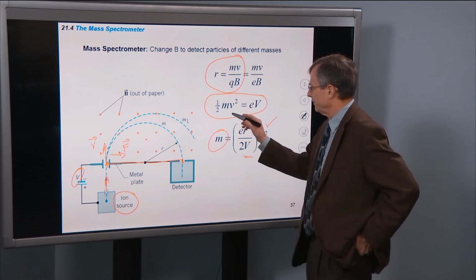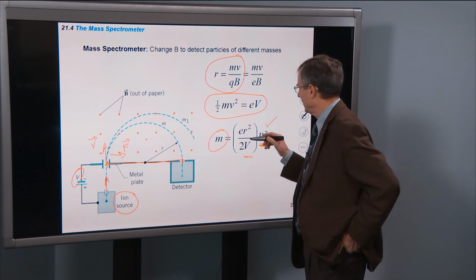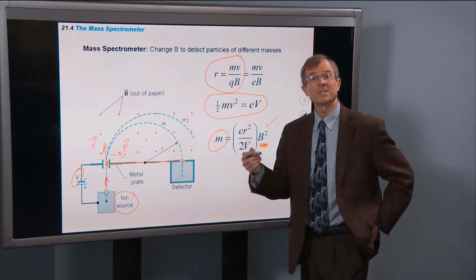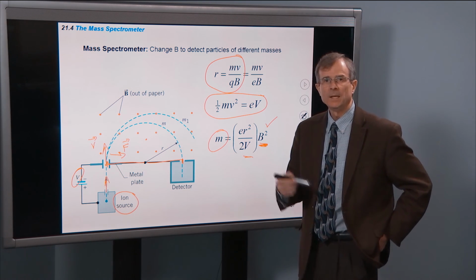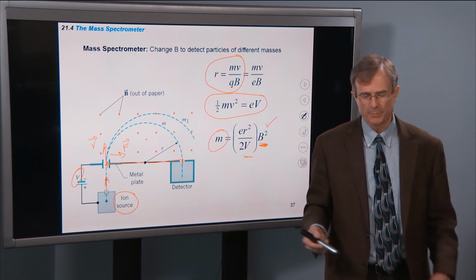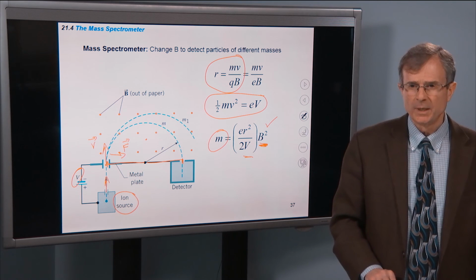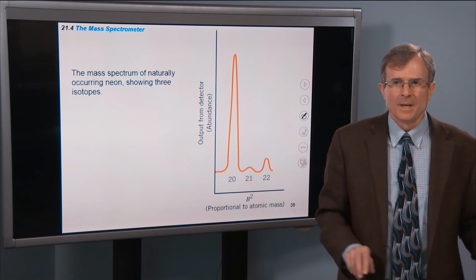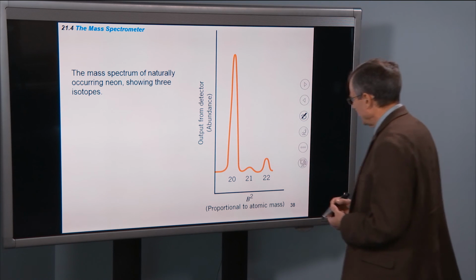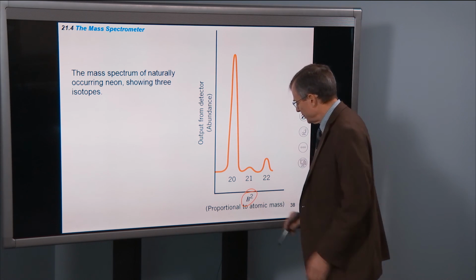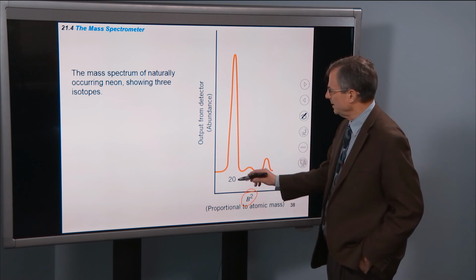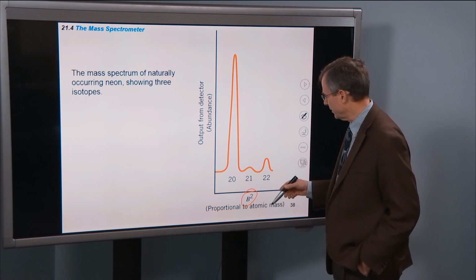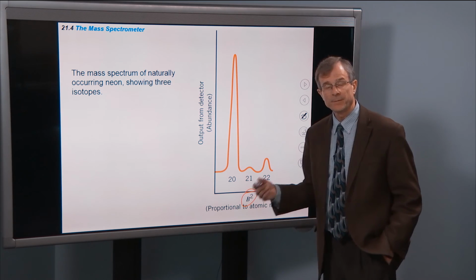We have the change in kinetic energy equals the change in the electric potential energy, which is q times the voltage. Putting all those things together is how you get a mass spectrometer. And as you vary B, you can see the output from the mass spectrometer, the abundance of different isotopes, which have different masses.